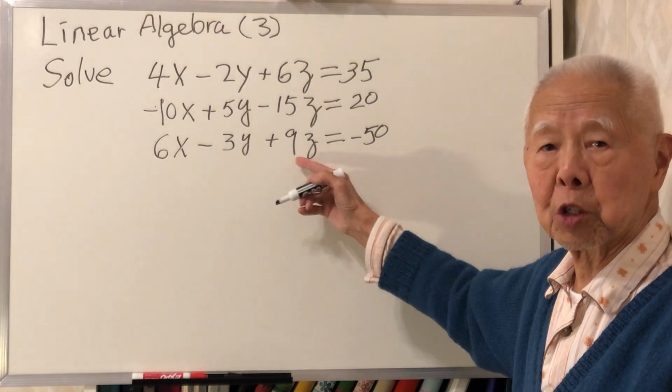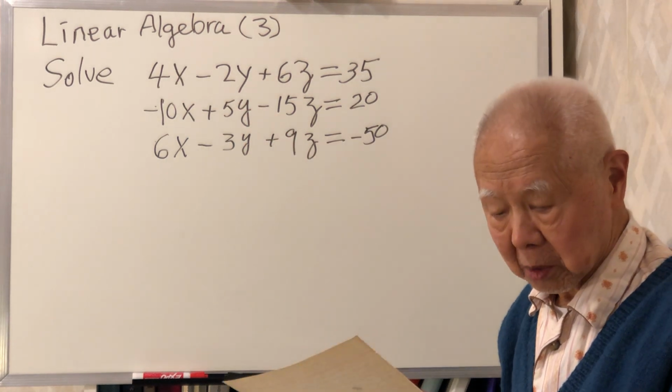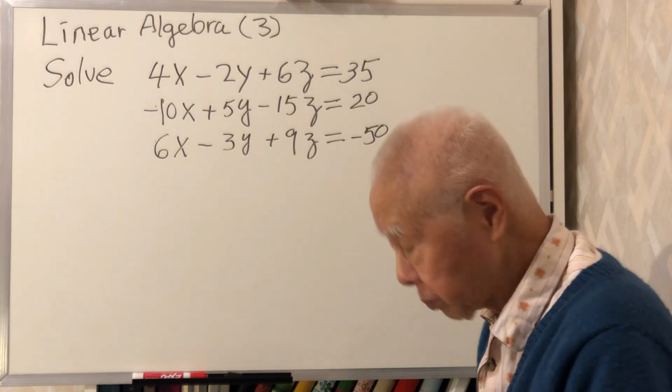These are the 3 equations. X, Y, Z are the unknowns.